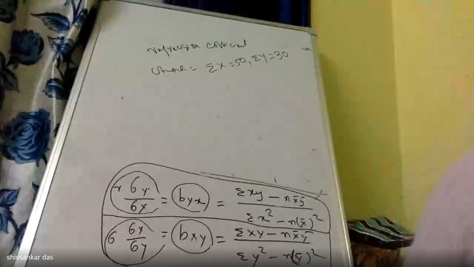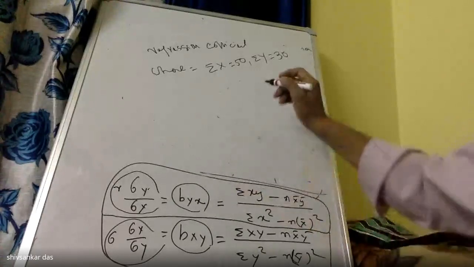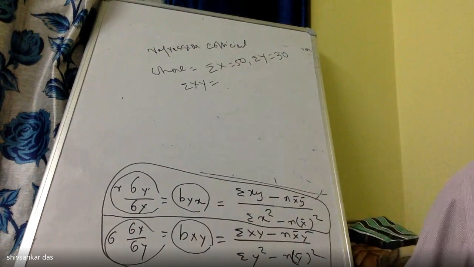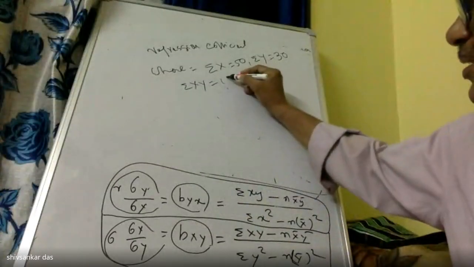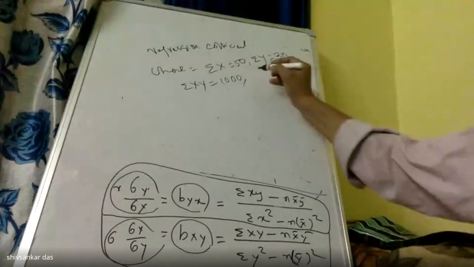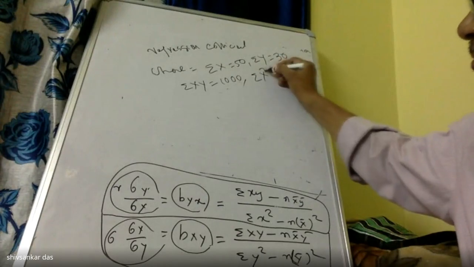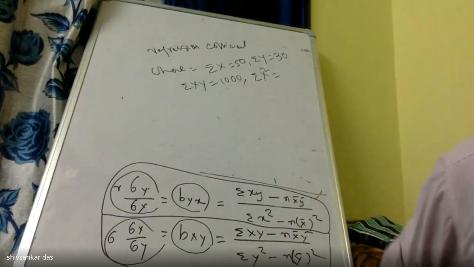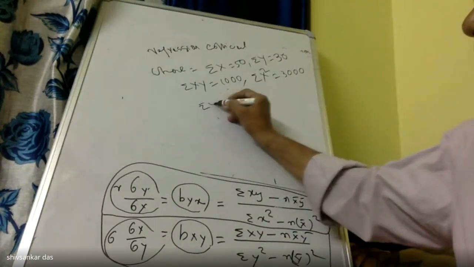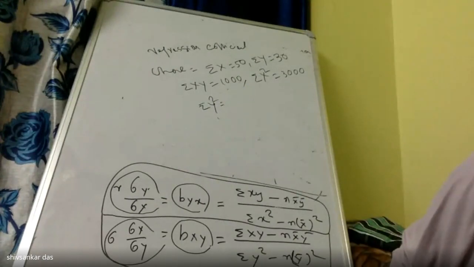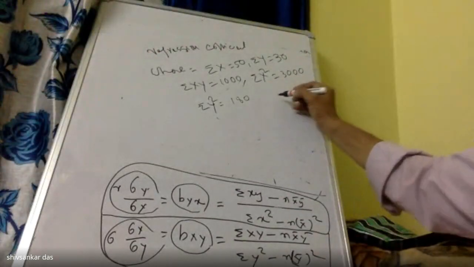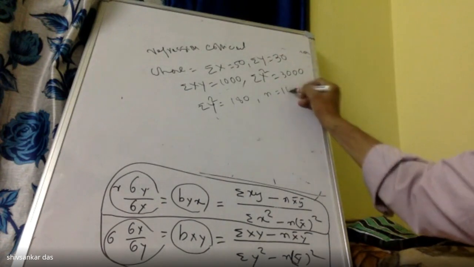Then summation of xy is equal to 1000. Summation of x square is equal to 3000. Summation of y square is 180, and the number of observations n is equal to 10.